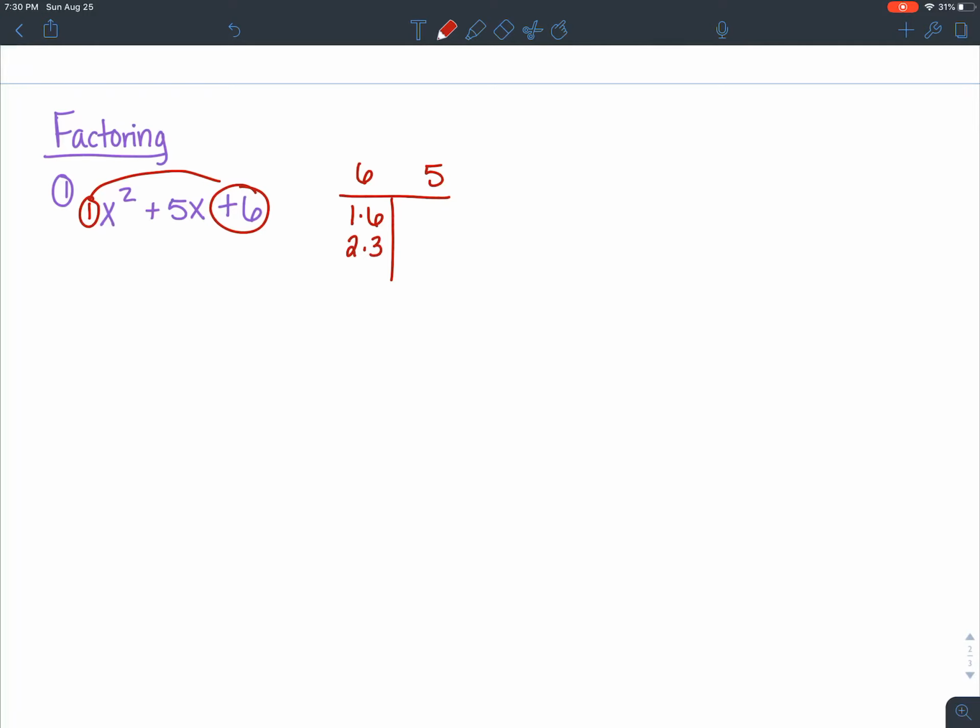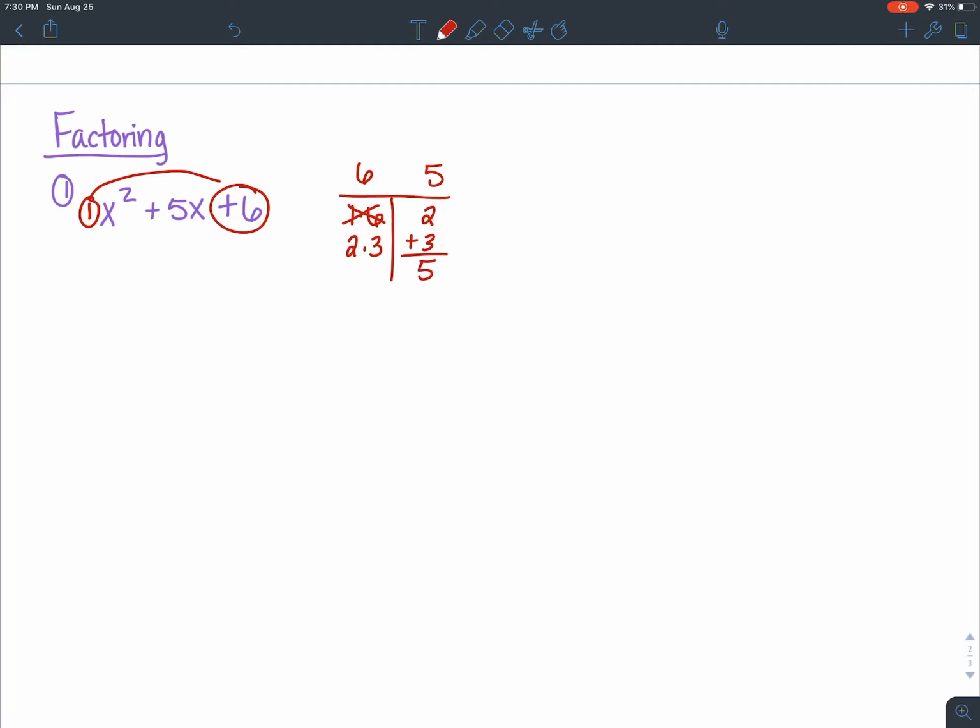That's it. Since this is a positive 6, it's going to have to add to give me 5, because the only way I can get a positive 6 is by multiplying two positives or two negatives. And if they have the same signs, you always add. So 1 plus 6 does not equal 5. It's 2 and 3.